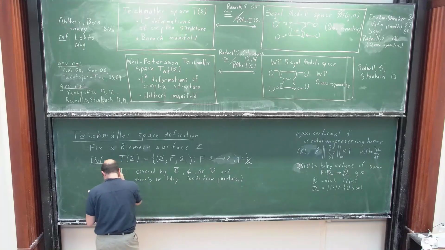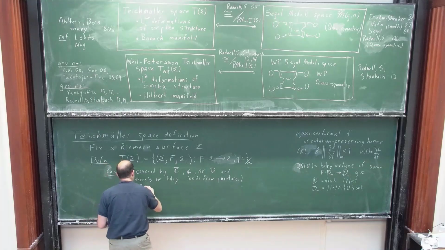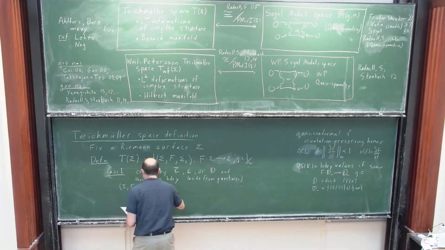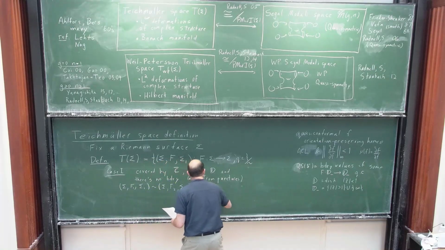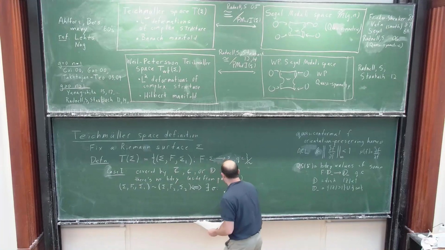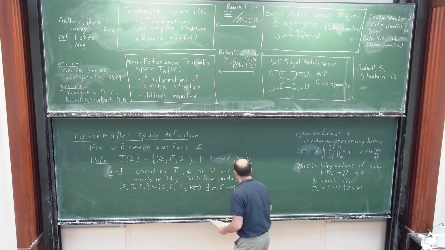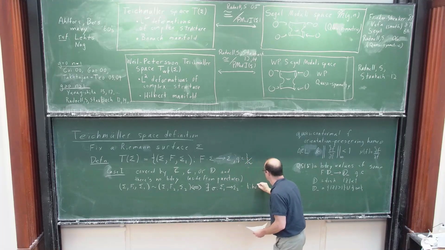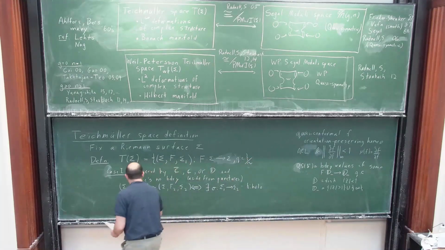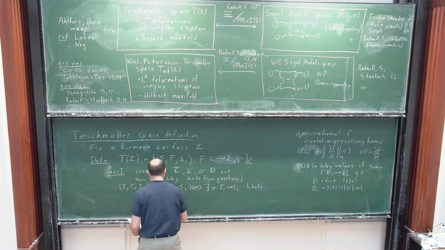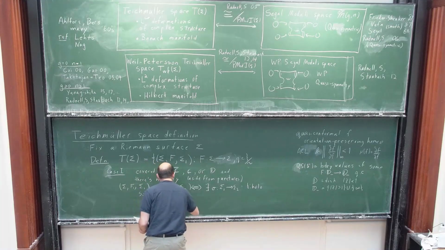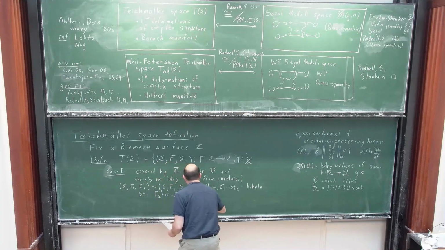And then we just say that sigma 1, f1 is equivalent to sigma 2, f2 if and only if there exists a biholomorphism between the image surfaces such that f2 inverse composed with the biholomorphism and f1 is homotopic to the identity.